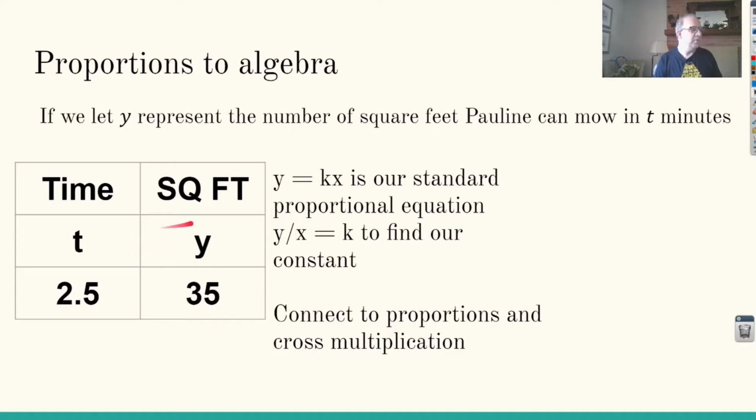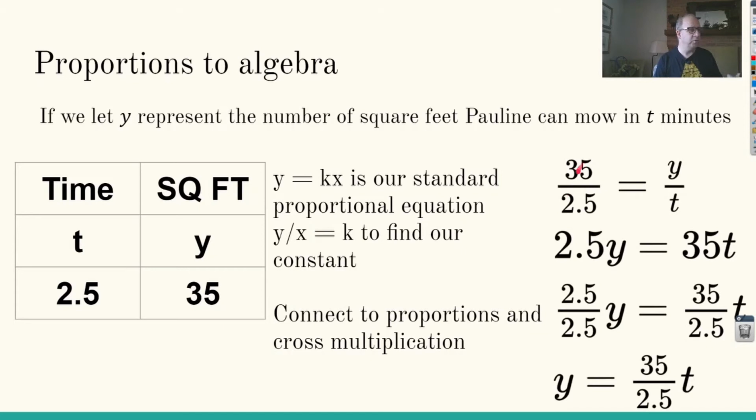y divided by t, because we were told it's a constant relationship, a constant speed she's mowing at. So if I do 35 divided by 2.5, that's a distance divided by the time. Multiply both sides by 2.5 and by t.